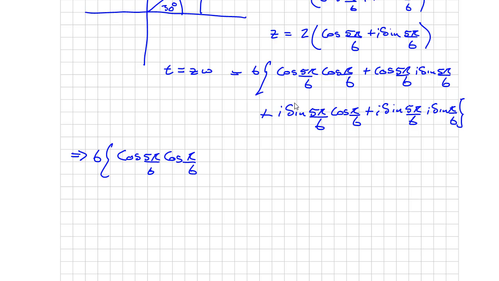So this i here and this i here aren't going to go anywhere. These two i's multiplied together give us a minus 1. So we get minus sine 5 pi over 6 sine pi over 6, plus we have cosine 5 pi over 6 i sine pi over 6.